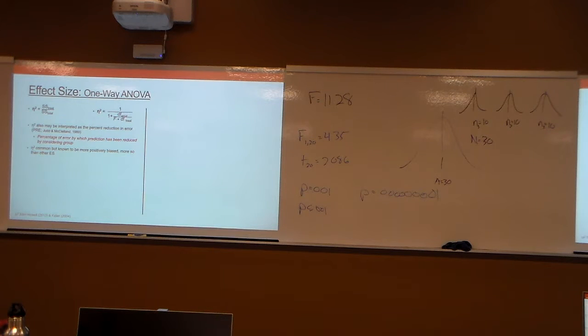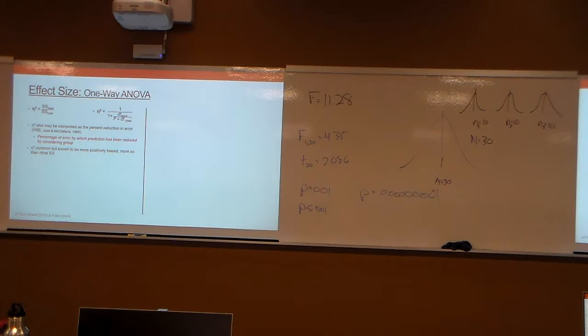But for our ANOVA model, if we're taking this GLM type of approach, thinking about our omnibus test telling us the relationship between our categorical grouping variable and our continuous outcome, we can think about eta squared as telling us the proportion of variability in our outcome that is at least shared with our grouping variable.